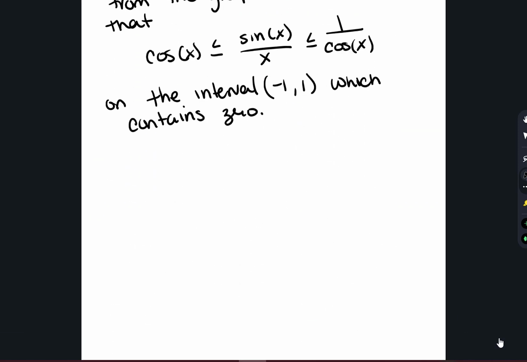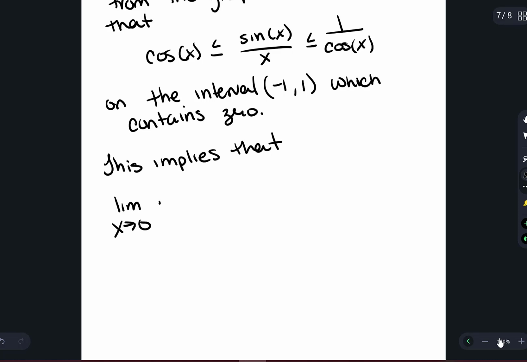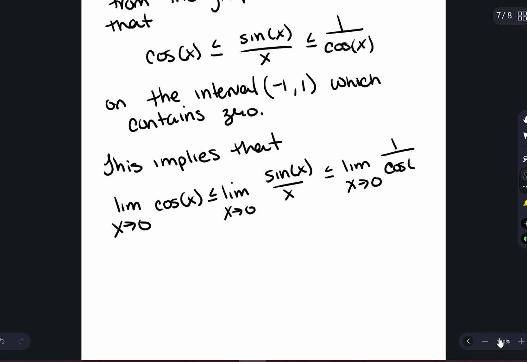All right, so the next thing we're going to do is notice that this implies that the limit as x approaches 0 of cosine of x is less than or equal to the limit as x approaches 0 of sine of x over x is less than or equal to the limit as x approaches 0 of 1 over cosine of x.